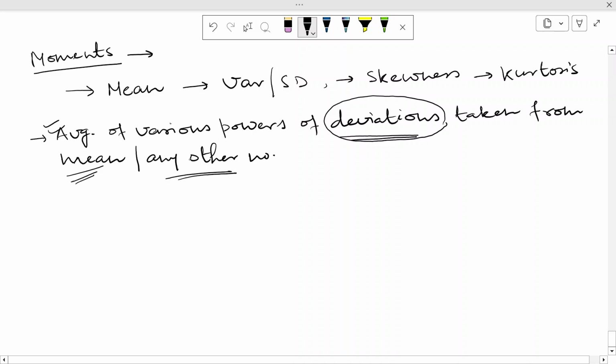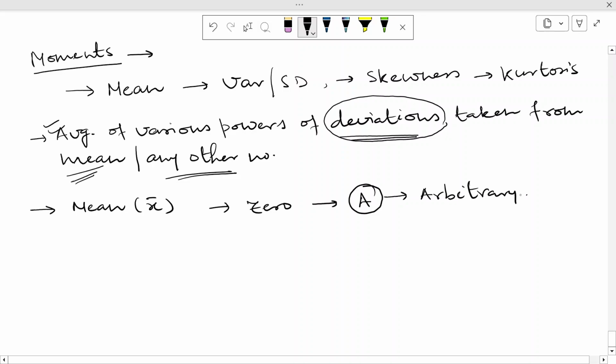So if we represent the exact mean by x bar, and we fix one number which is 0 and some other number a, which is neither the mean nor 0, you can say that it is an arbitrary number.